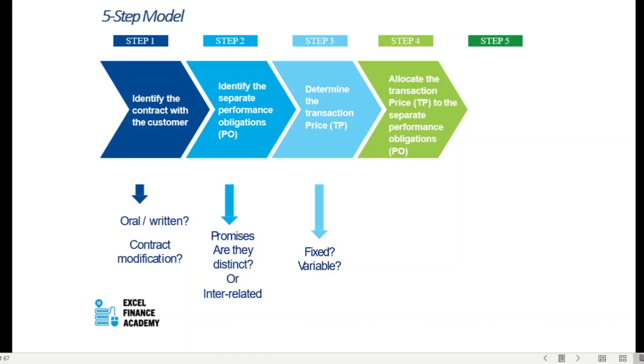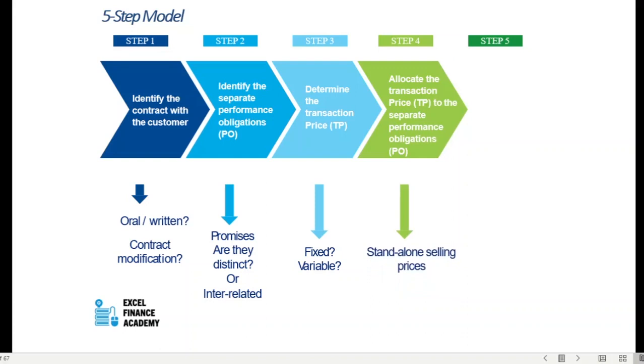Let me give you another example. In hotels, you are selling rooms, food and beverage, and other services. But many times, these 3 or 4 services are packaged together and sold at one price. So when you are disclosing your revenue by segment, the segmentation has to be correct, and the basis of that segmentation is the allocation of the transaction price into separate performance obligations. We will look at that again in more detail.